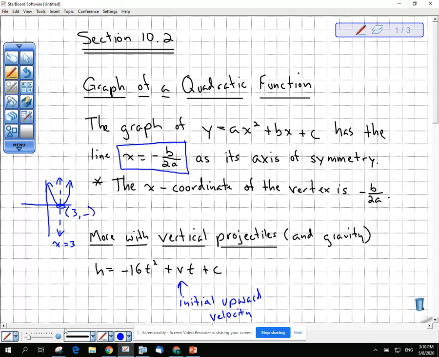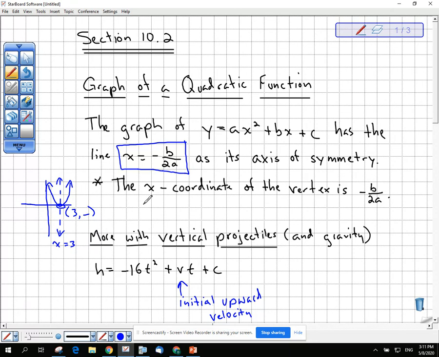Now, how some textbooks and some teachers will present this, I want to show you right now because I think it's good for understanding function notation. What we're saying is, again, if the vertical line that is the axis of symmetry, which we defined in the previous section, is in this case x equals 3, then the vertex is 3 comma something.